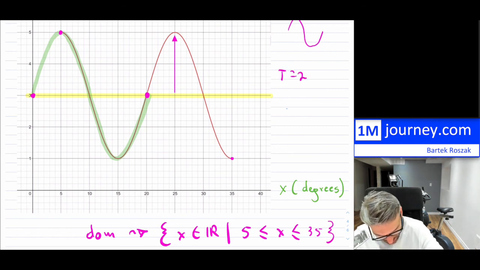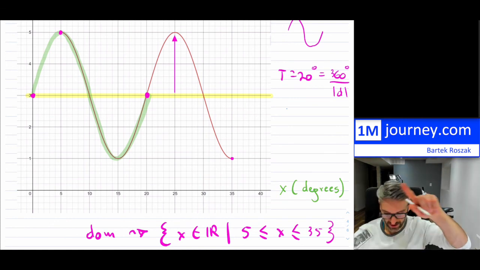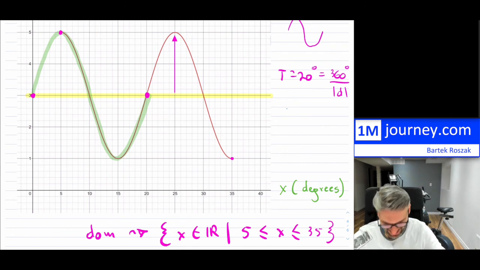So period is 20, which means this is 360 over my D. D is going to be positive because it's nicely captured like that. I pretty much always pick the positive anyways, so that's something to keep in mind.